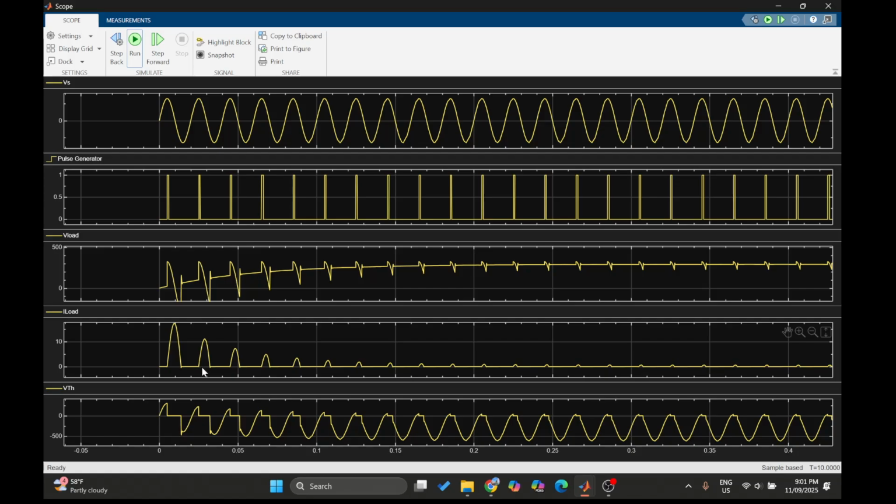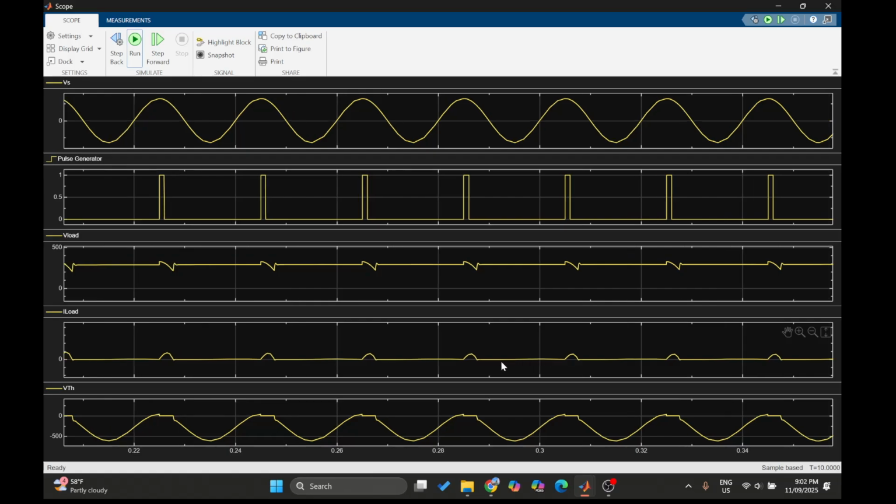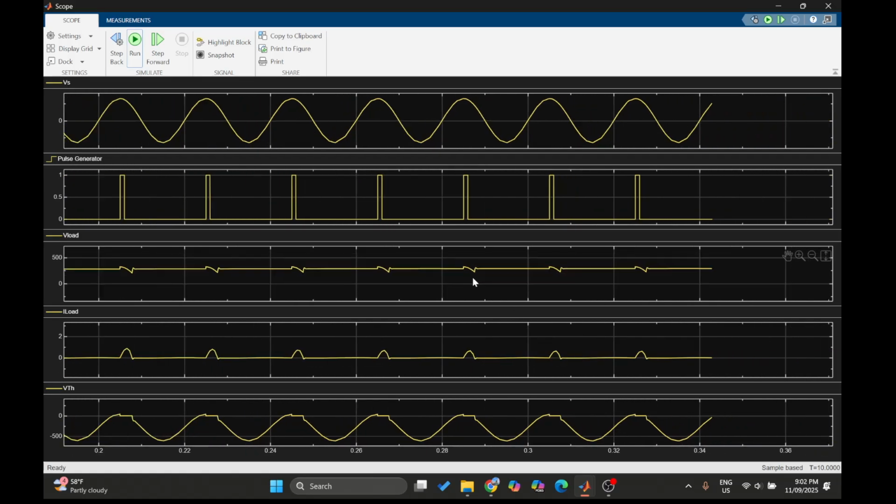However, as soon as it starts decreasing and the source drops below the ED, then the current starts decaying, and it stretches something like this and becomes a very small current.